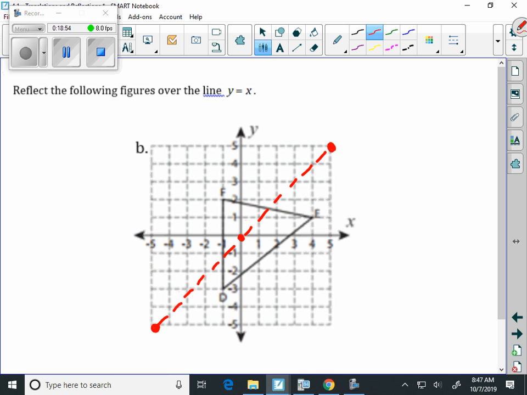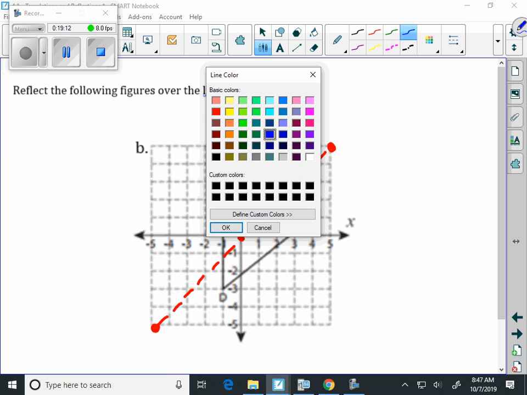I want it to be precise, but I don't use a ruler often. If you're not using a ruler, that might be helpful for you. Remember that our goal is to get to the other side.